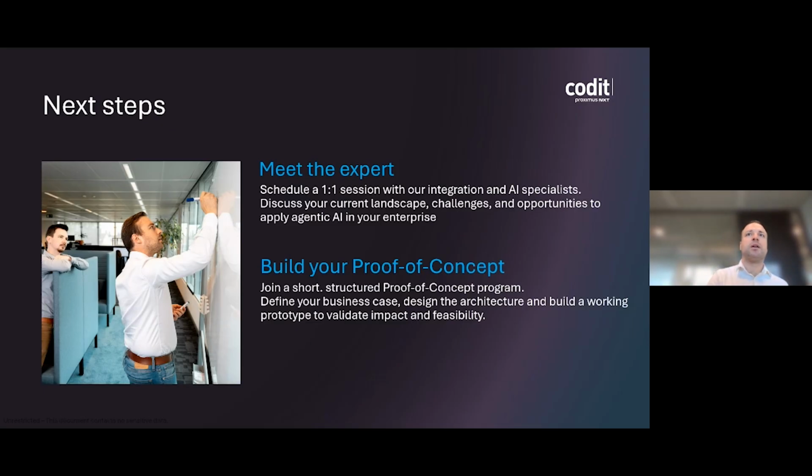We can discuss your current landscape, discuss your challenges, and also spot any opportunities where we can apply agentic AI in your current enterprise. So through a short, structured proof of concept program, you will define your business case, design the architecture, and build a working prototype to validate any impact or feasibility of the agentic workflows.